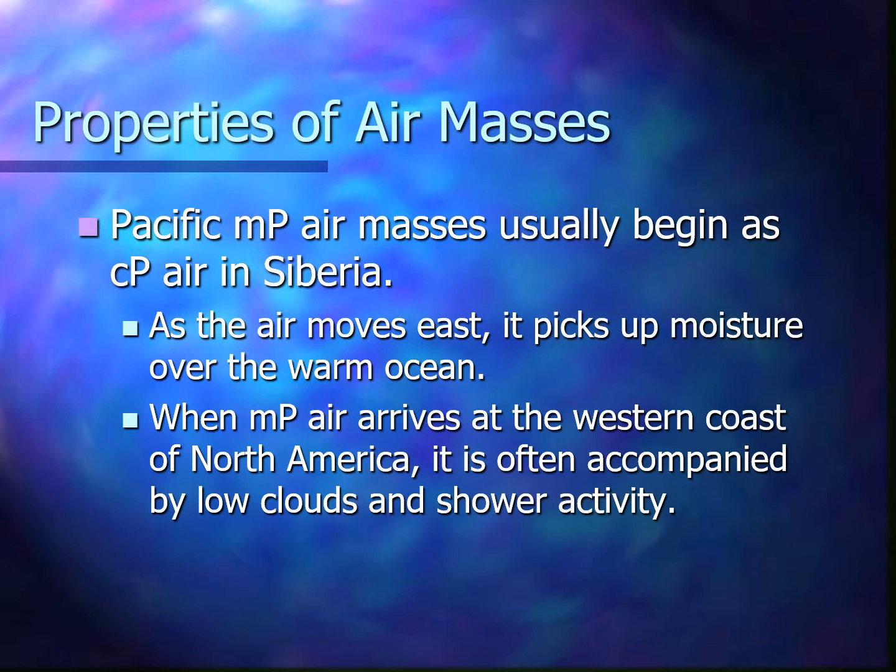And as it moves east and goes all the way across the pretty vast Pacific Ocean, it's going to pick up lots of moisture. So when this air mass arrives in the Pacific Northwest, it's maritime polar at that point. And of course, it's going to bring lots of moisture, clouds, and rain to the Pacific Northwest, as we might expect to get, say, in Seattle.